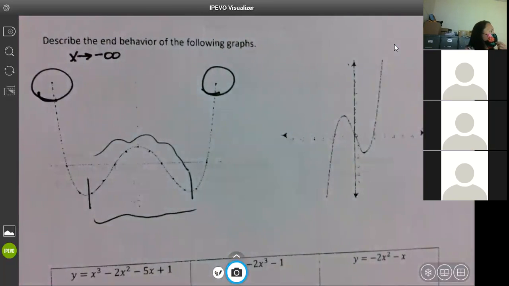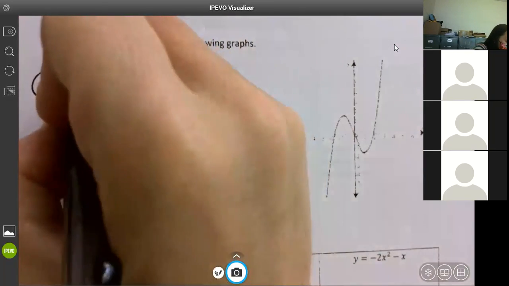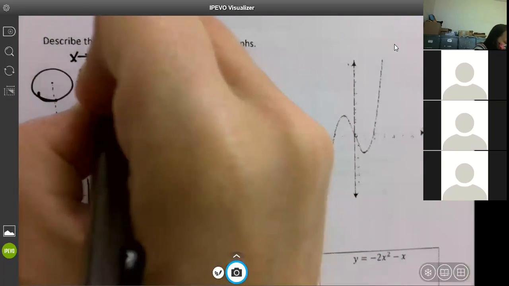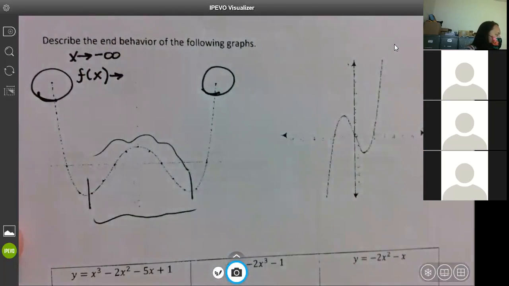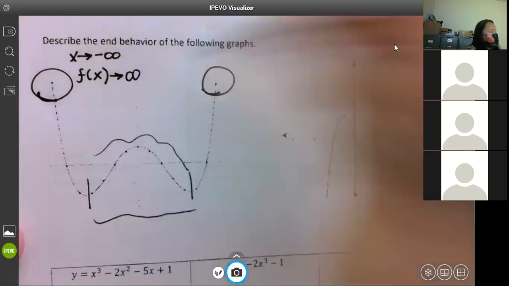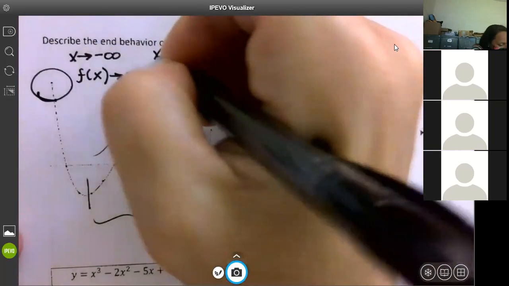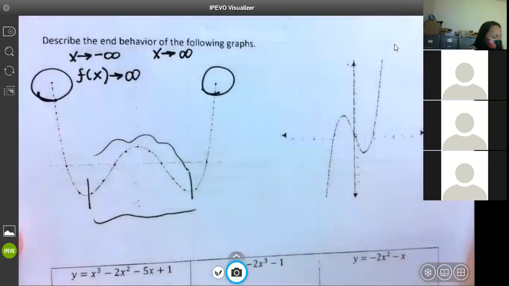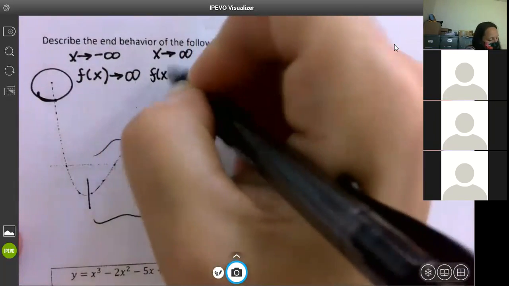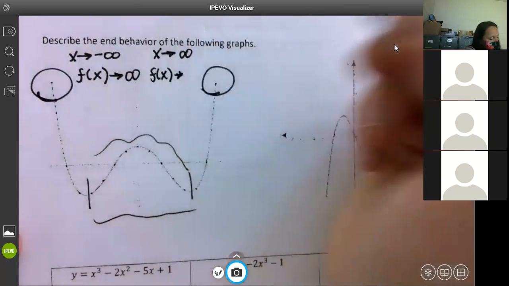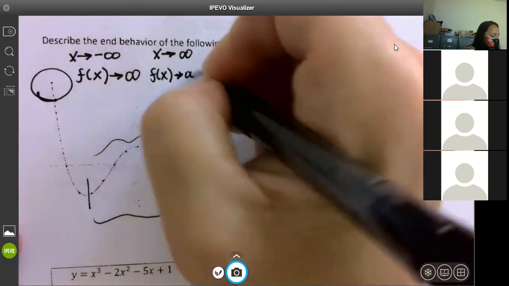So we represent that by x is going to negative infinity. Where is the graph pointing on the left side? Up to positive infinity. On the right side, we represent that with x goes to infinity. Where does f of x go? Also infinity.